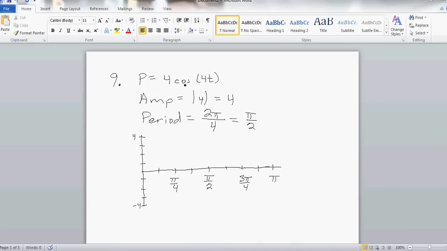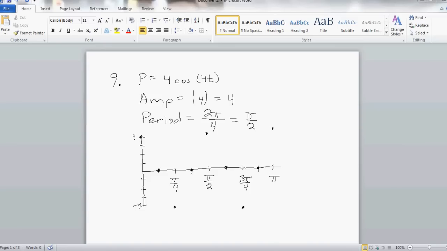And since it's cosine, once again, we do not start at 0, 0. We start at the upper extreme, since there are no signs that tell us to do otherwise. And then at each mark, it's going to oscillate between the upper extreme, 0, the negative extreme, 0, positive extreme, 0, negative extreme, 0, positive extreme.